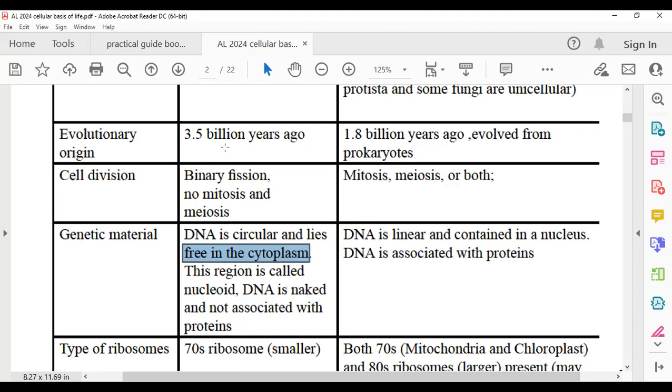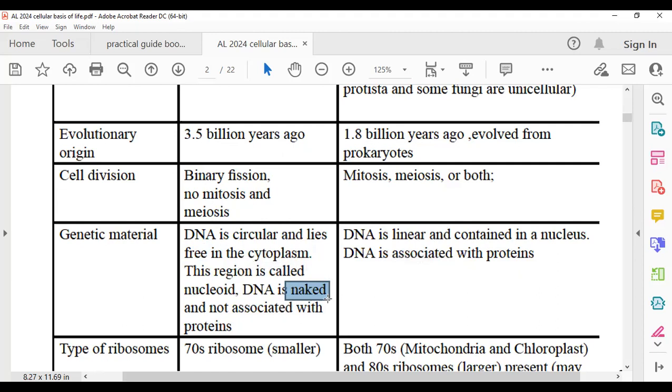The region where the DNA is noticed is called the nucleoid. Is it covered by or associated with proteins? No. For that reason, how do you call the DNA? Naked DNA.